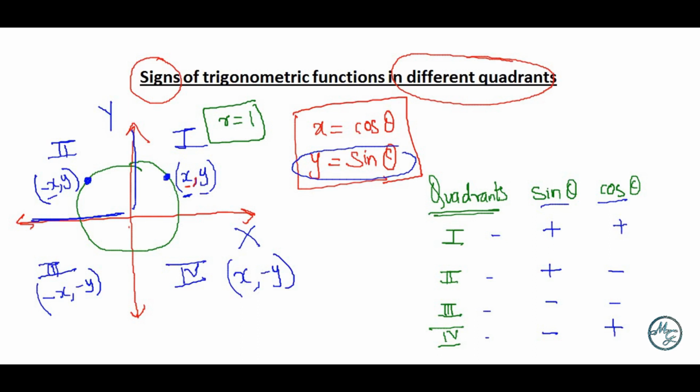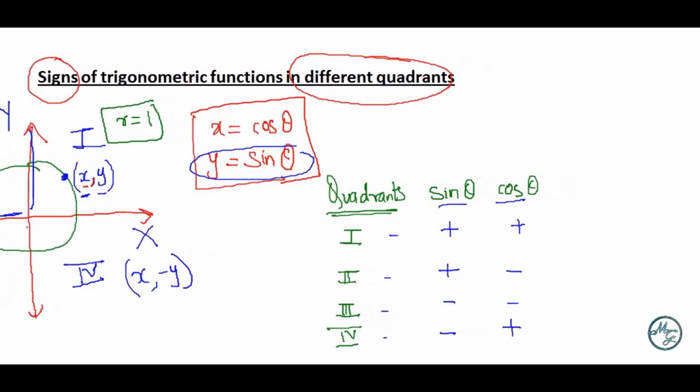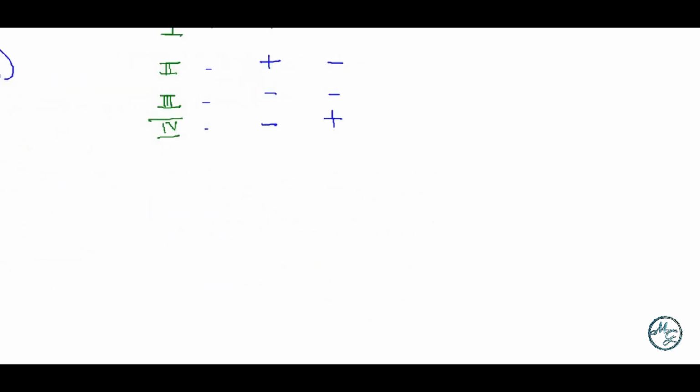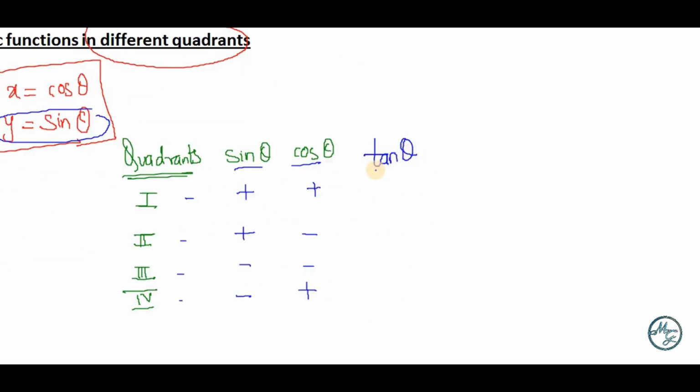Now once we have got the signs for sin and cos, we can decide for tan. What is tan theta? Sin upon cos, so simple algebra. Sin positive, cos positive, so tan is also positive. Sin positive, cos negative, so tan negative. Sin negative, cos negative, so tan positive.